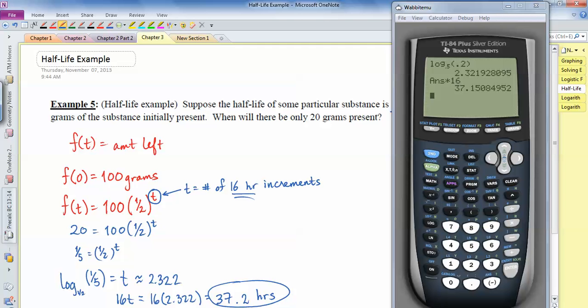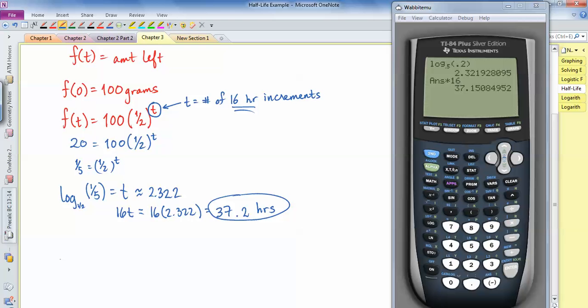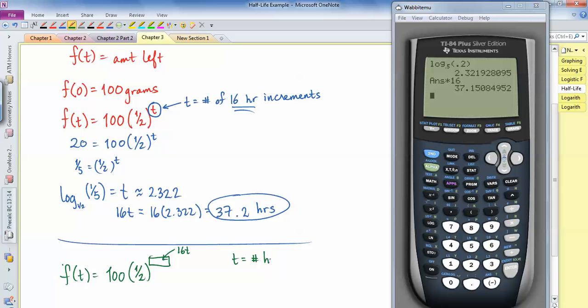Some students don't like taking that t and saying, oh, t is really 16-hour increments. So here's another way you can do it. You can instead set it up like this. f of t equals 100, and then you know that you're cutting it in half every 16 hours, so you have to raise it to some power. The mistake students make is they say, well, let's put 16t there. But in this case, we want t to be regular hours.